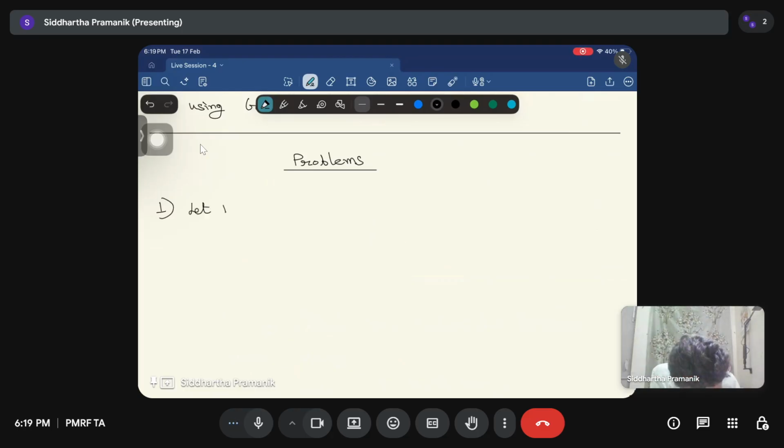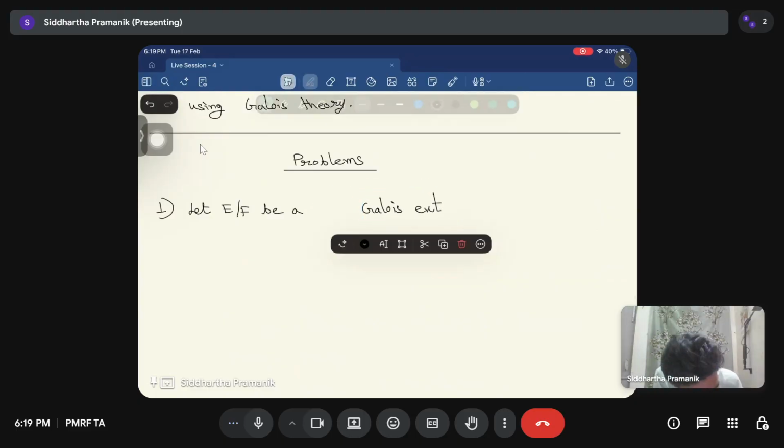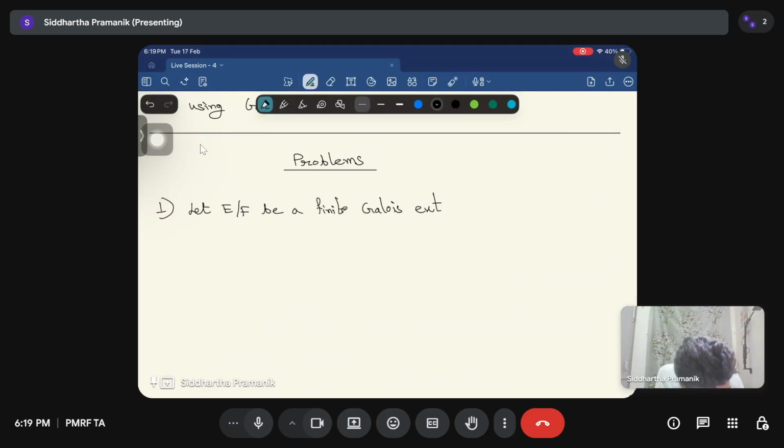Let E over F be a Galois extension, or finite Galois extension, and suppose the Galois group of E over F is isomorphic to Z mod 20Z product with Z mod 2Z.